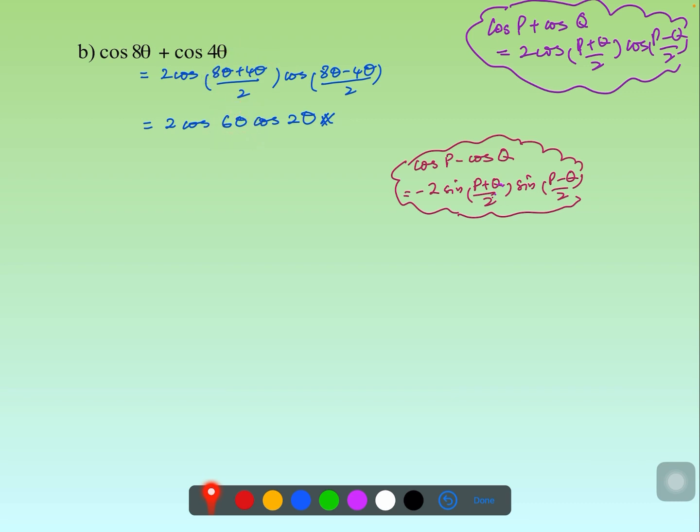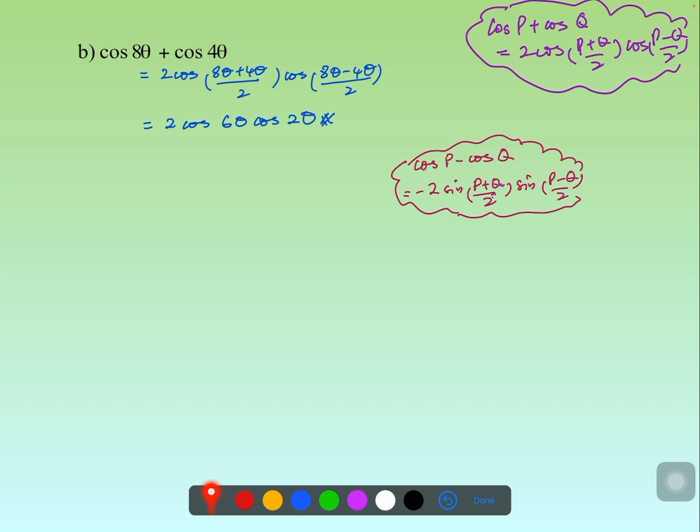And then cos of 8 theta minus 4 theta is 4 theta divided by 2, so we have 2 theta. So we can see that the addition of two trigo functions can be put into a multiplication, or a product, of two trigo functions. What about minus? Cos P minus cos Q equals minus 2 sin (P plus Q over 2) sin (P minus Q over 2).